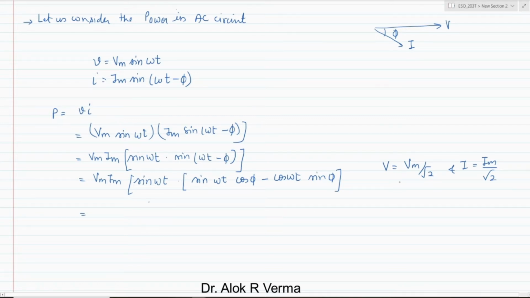Now substituting these two values and solving, we get VI cos phi 2 sin square omega t minus VI sin phi 2 sin omega t cos omega t.